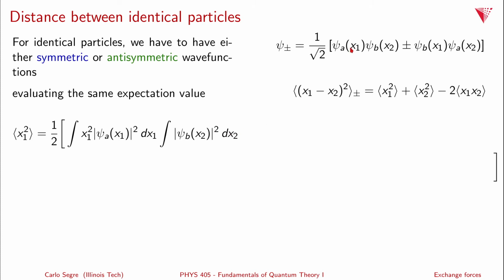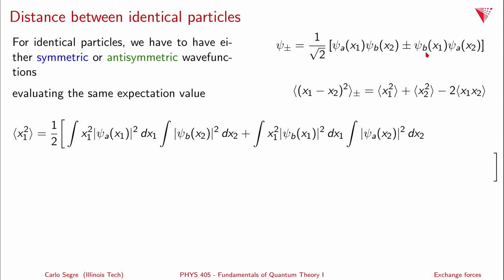That's just this times itself. Then we have a term where we have this one times itself. And again, you have a plus sign because the minus sign will be taken twice and cancels out. And now we have x1 squared, and you have the integral of psi b of x1 modulus squared dx1, and then the probability density of psi a of x2 modulus squared dx2.